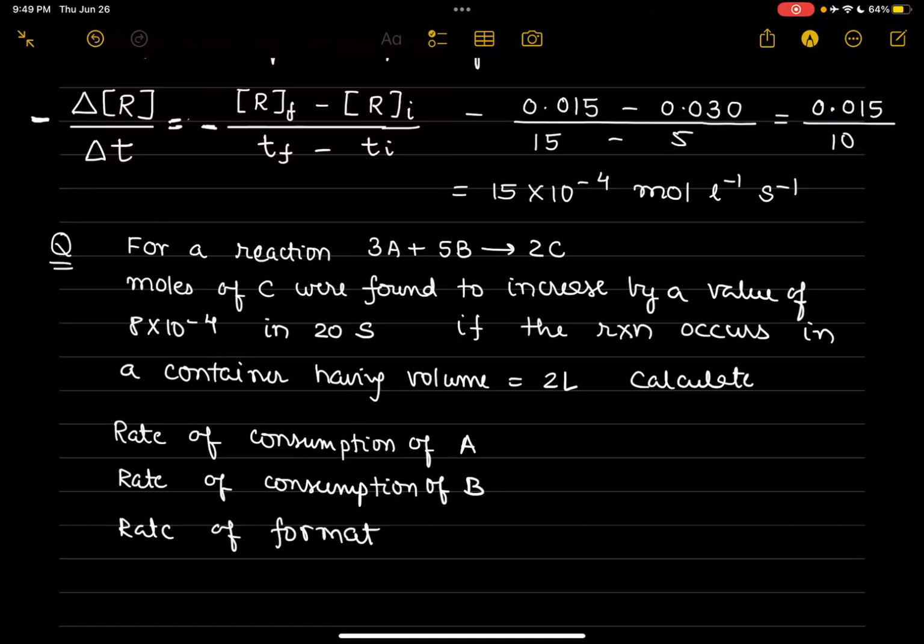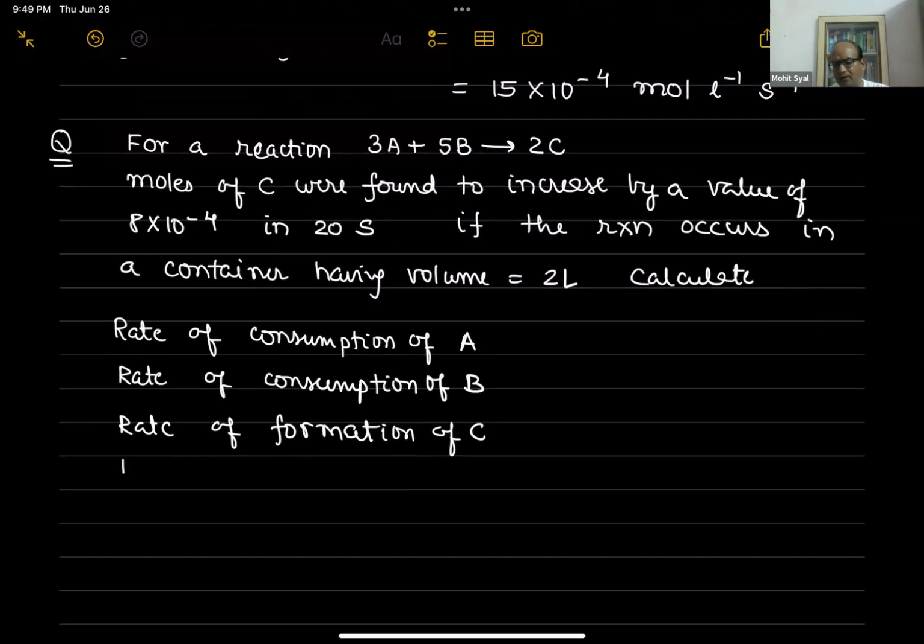C is the product, so I'm writing the rate of formation of C. A, B, and C, and the overall rate of reaction. Got it? I have to calculate these four rates.